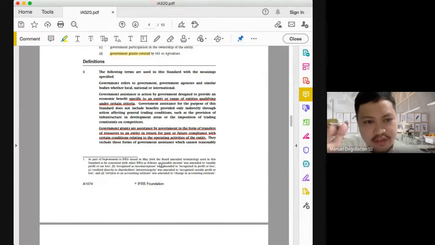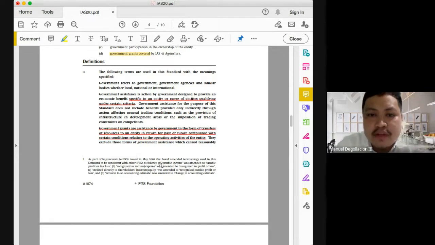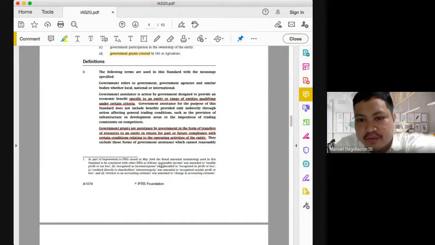Government grants, by definition, are assistance by the government. So it should be clear to you that government grants are a form of government assistance. Government grants are assistance by government in the form of transfers of resources to an entity in return for past or future compliance with certain conditions relating to the operating activities of the entity. So by definition, a government grant is a form of government assistance that will result in a transfer of resources.